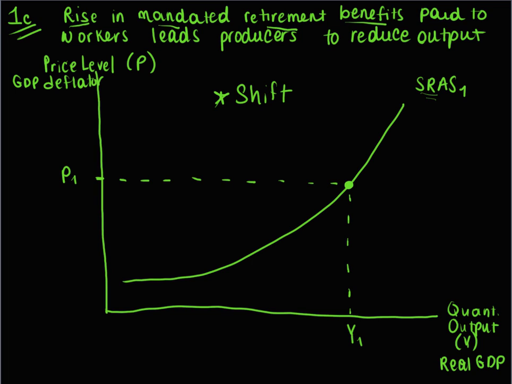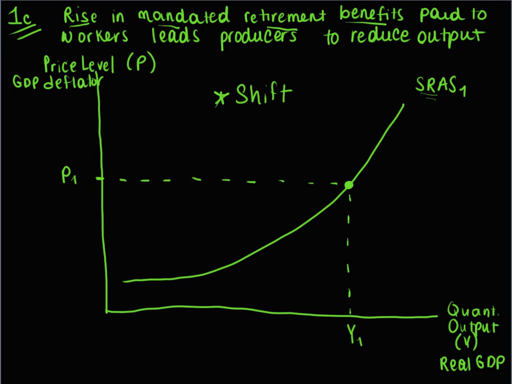Now remember, in the short run, producers cannot turn around and say, okay, we'll give them an increase in the mandated retirement benefits, but we'll reduce their wage. They don't have that flexibility in the short run. Their production costs are fixed in the short run. They're not flexible.